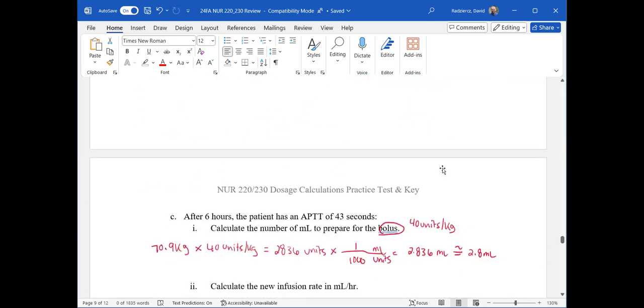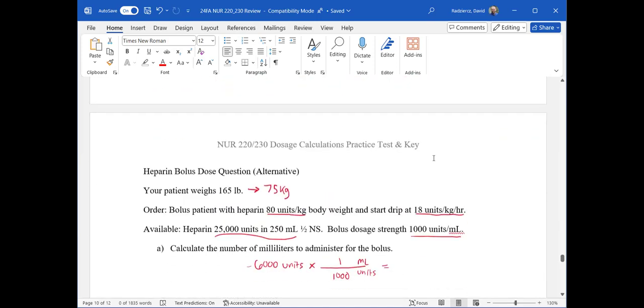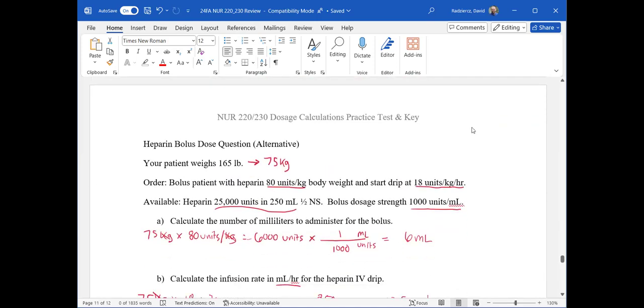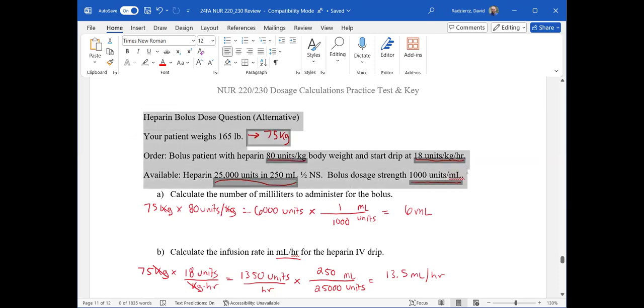Now I will say the way that I've rewritten this, unfortunately, I don't think that they're going to be utilizing this yet. Given the opportunity, I'll get it out to your instructors, but I don't know when that's going to happen. So I rewrote the heparin question without the table in it.